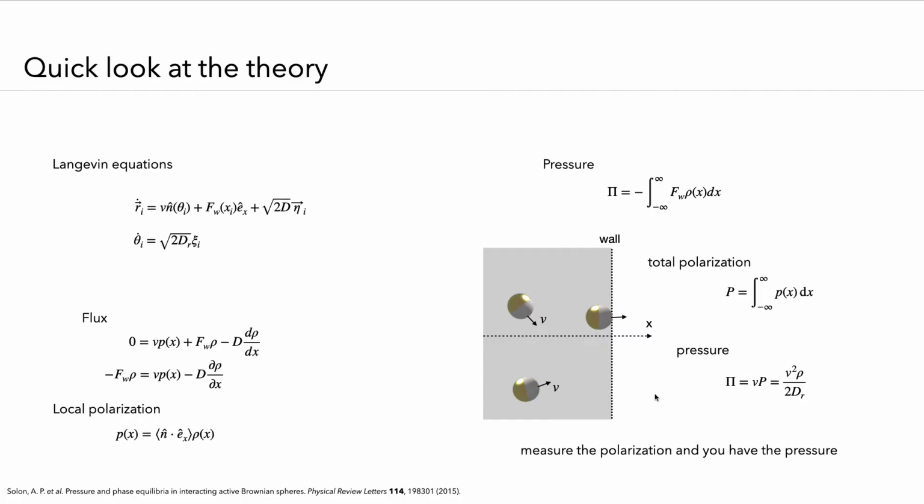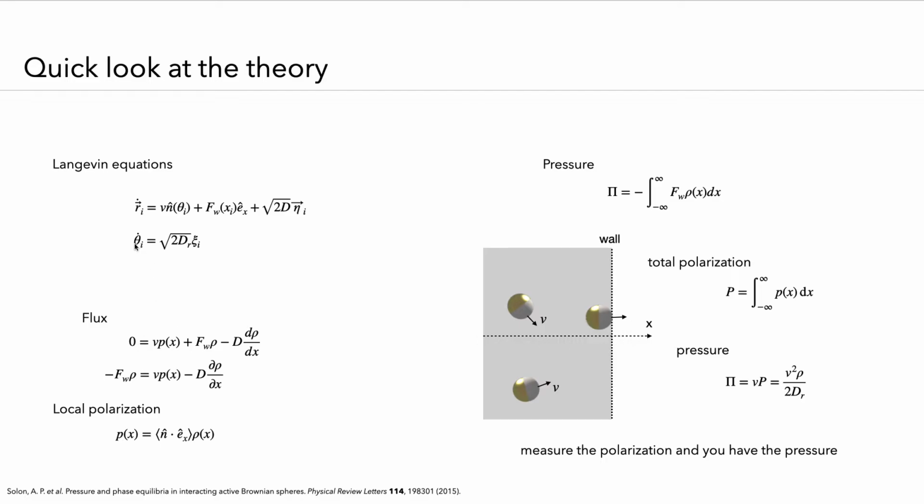For that purpose, we have to look at some theory, the very basic equations only, and some of them you know already. On the top left here, you see your beloved Langevin equations, which I showed various times already. One is for the overdamped case of the particle position, and one for the orientation measured here by an angle theta, which is the angle between the symmetry axis of the particle and the x direction.